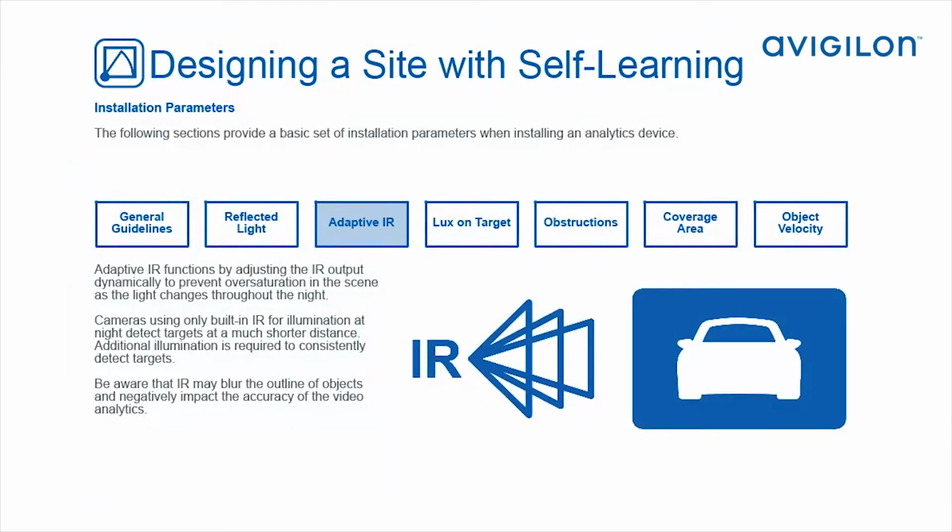Adaptive IR functions by adjusting the IR output dynamically to prevent oversaturation in the scene as the light changes throughout the night. Cameras using only built-in IR for illumination at night detect targets at a much shorter distance. Additional illumination is required to consistently detect targets. Be aware that IR may blur the outline of objects and negatively impact the accuracy of the video analytics.